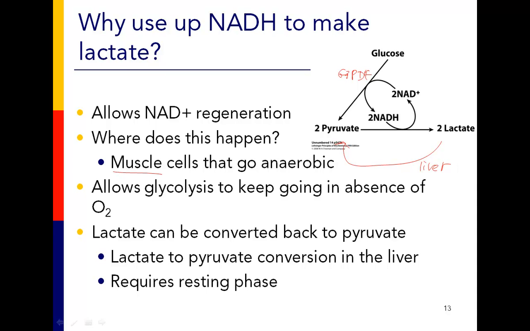It gets transported in the bloodstream to the liver, and then in the liver, we get the lactate converted back to pyruvate in the presence of oxygen, so under resting conditions. And so all these interconversions, pyruvate to lactate, lactate back to pyruvate in different tissues, is what's called the Cori cycle.